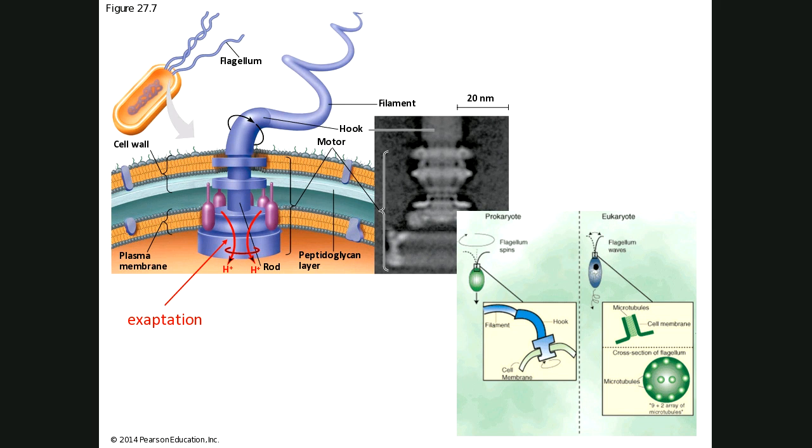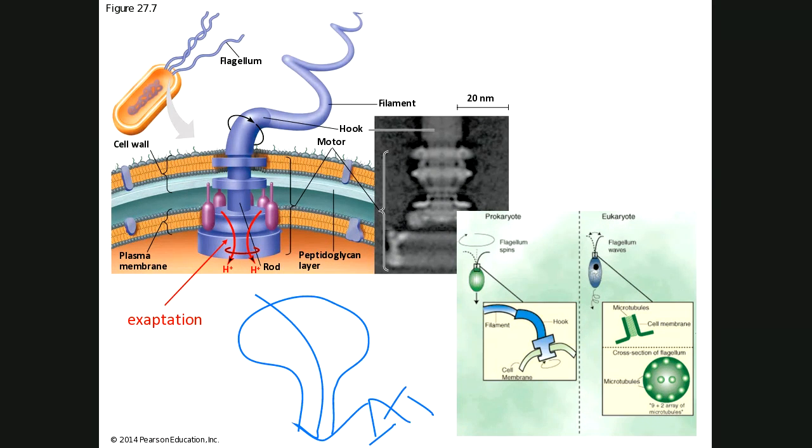Notice in the red arrows, the protons are flowing. If you remember back to Bio 1 and photosynthesis and respiration, you were introduced to a particle called ATP synthase. It almost looked like a lollipop shape. And you remember protons flowing through there would help generate ATP. Strike a bell? Kinda?